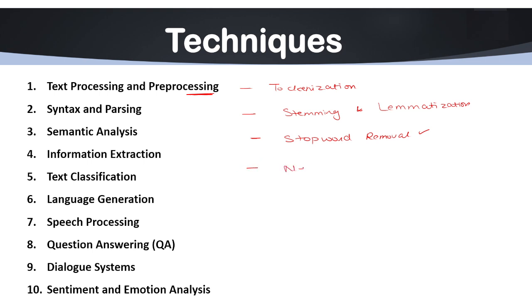Next we have text normalization. So it helps in standardizing the text by converting to lowercase, removing punctuation, and correcting spelling errors. All these are taken under your text processing and pre-processing techniques.